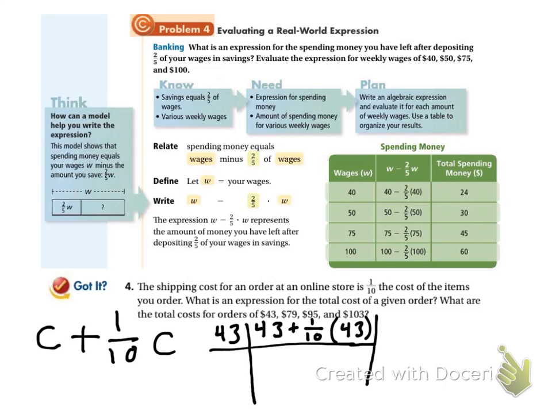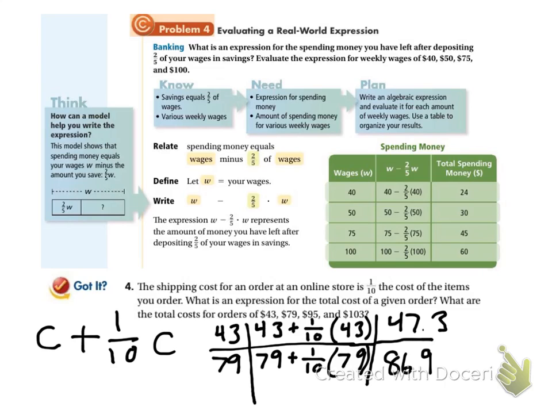So I'll do the 1/10 times 43 first, and then I'll add the 43, and I get 47.3. And then if I do my 79, I get 79 plus 1/10 times 79. So 1/10 times 79 is 7.9, plus 79 gives me 86.9.